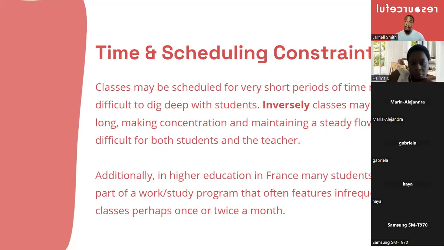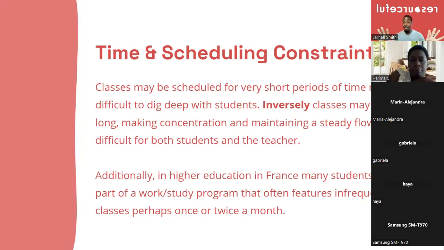And if you're teaching in higher education, which I think many of you are, this is a feature you have probably encountered, right? Classes that are 3.5, 4 hours long. That can make it really hard because students are tired, they lose their concentration, and maintaining a flow is hard when you have that much time with your students, okay?